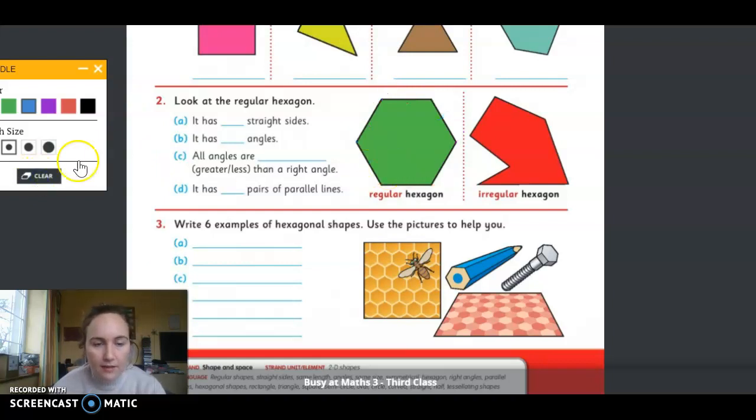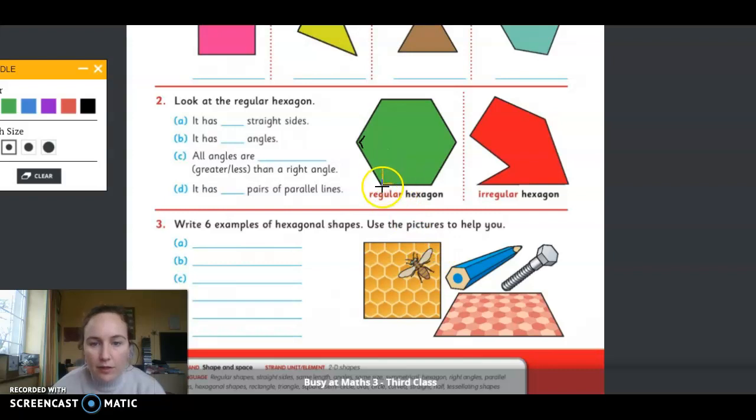Okay, so first, how many straight sides does it have? So counting them all. Then how many angles? Okay, how many angles? And are they greater, bigger than a right angle or smaller than a right angle? Okay, this is a right angle here.